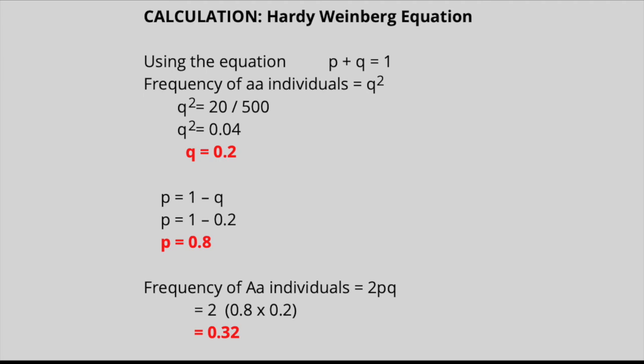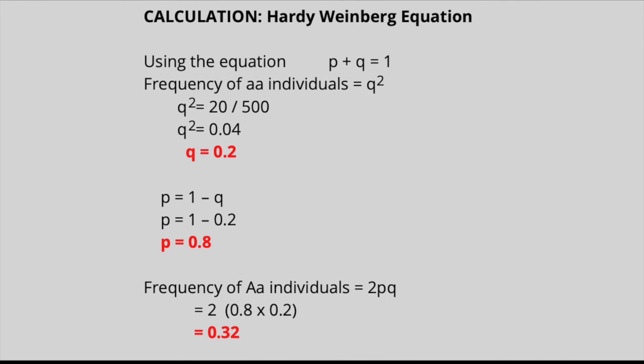Since p plus q equal to 1, p equal to 1 minus q. P equal to 1 minus 0.2. P equal to 0.8. So the frequency of heterozygous individuals is 2pq equal to 2 times 0.8 times 0.2 equal to 0.32.